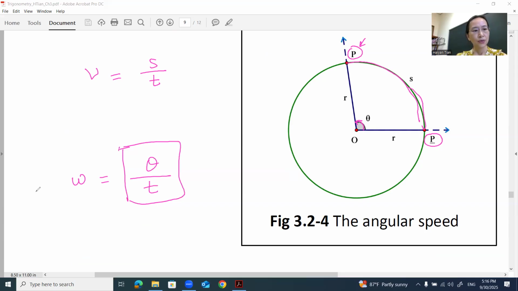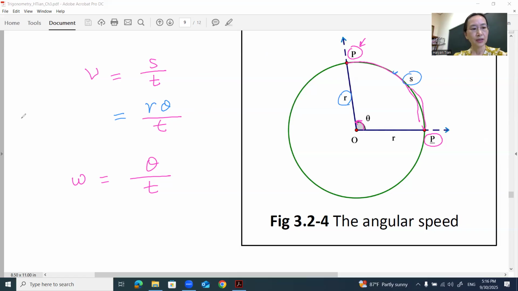And also, we can discover that linear speed and angular speed are related. What is the relationship? Let's recall the arc length S. If we know the radius, by the arc length formula, we replace it as radius times theta in radians. The numerator becomes r theta, and the denominator, let's keep it as is, is still t.